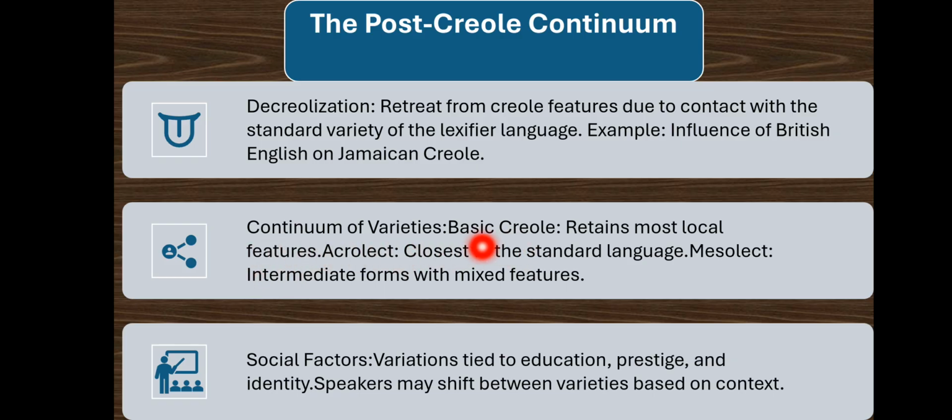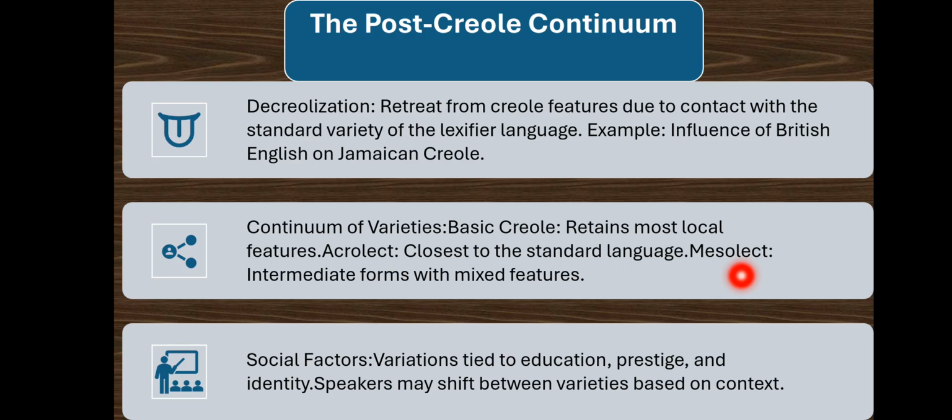So you see a continuum of variety. First, the Creole language will have local features, like we have a word here known as acrolect. When a Creole has local features, it is known as acrolect. And then we have another one, pronounced as mesolect, closer to the standard language.